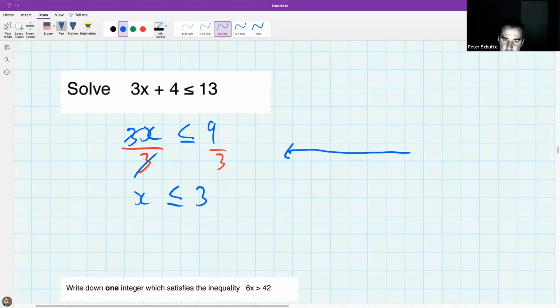And if I'm drawing a representation, I'm now going to have a solid dot, and then I'm going to be going in that direction. So my possible answers, there could be anything from 3, so 3 is an answer, and anything to the left of 3 will be an answer. Okay.